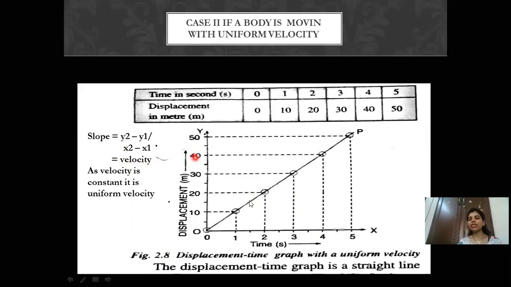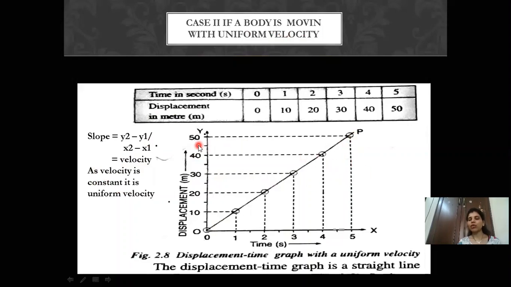That means when the displacement time graph is showing a straight line like this, we say that the velocity is constant. That's why we use the word uniform velocity, that the body is moving with uniform velocity. So if the velocity is constant, and you convert this graph and plot it as a velocity time graph, you can roughly calculate the value from here.